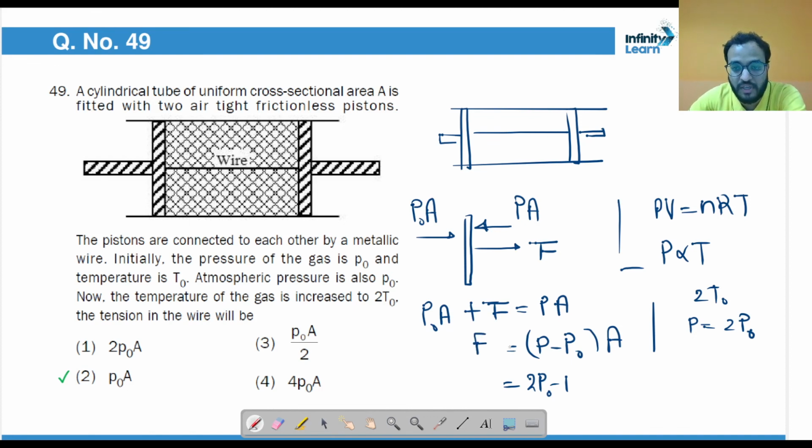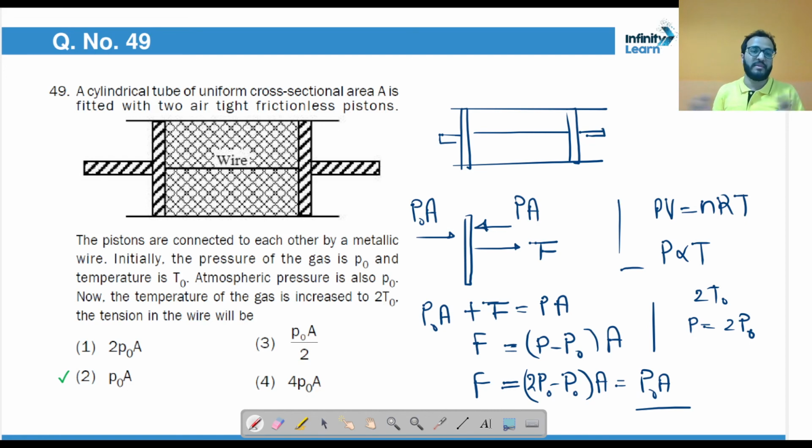This is the force F of the rope, which is the tension of the rope, minus P naught into A. So it will be P naught into A. See, force is applied from both sides, from inside the cylinder and outside the cylinder. Outside, the atmospheric air is applying pressure, and from inside the internal gas is applying pressure or force.